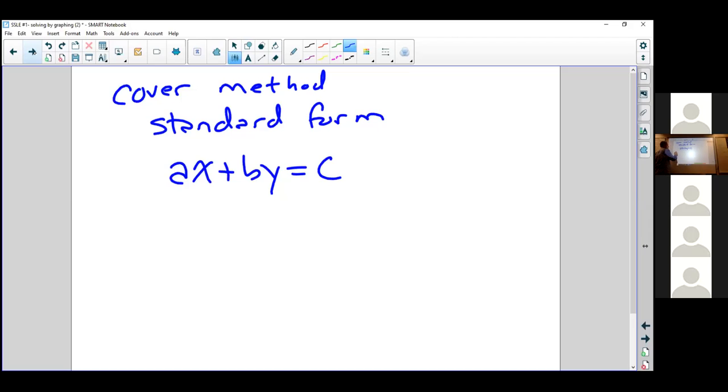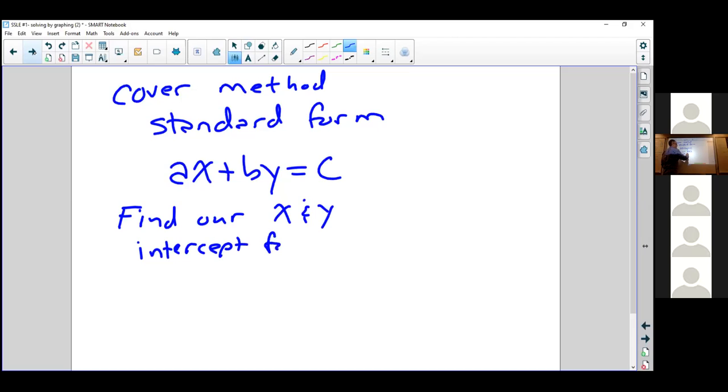What this finds for us is our x and y intercept, our 2 points. You don't necessarily have the slope known on this.